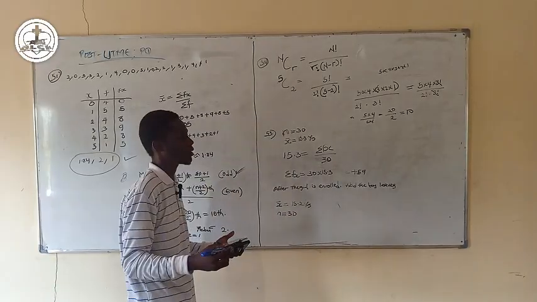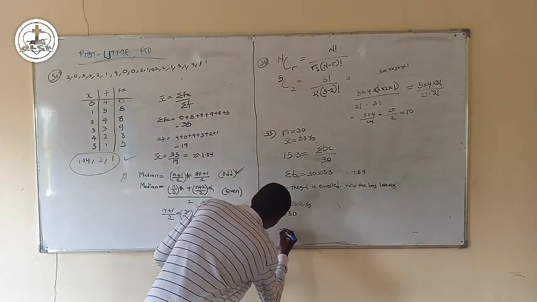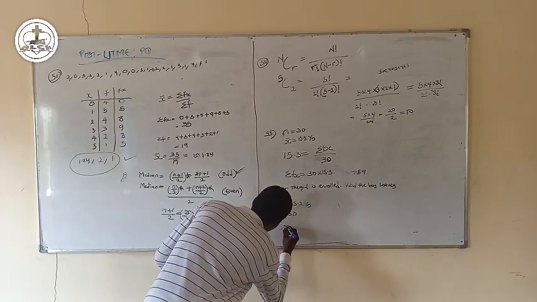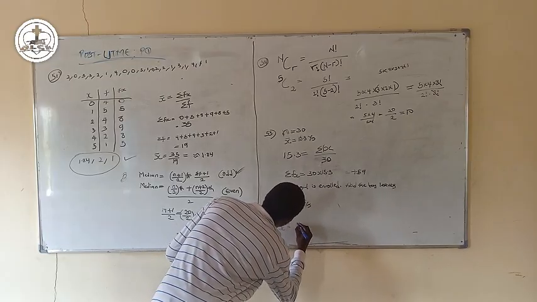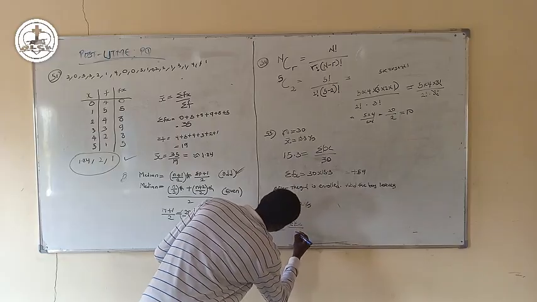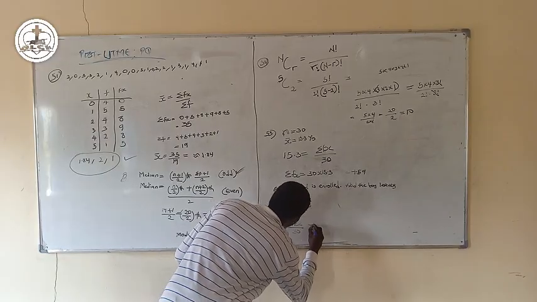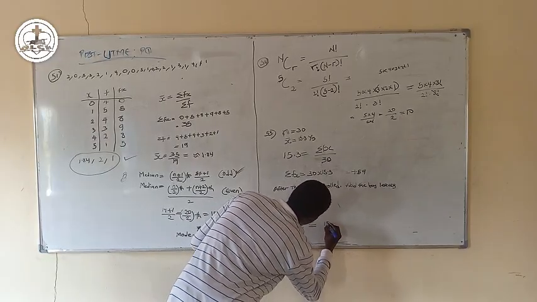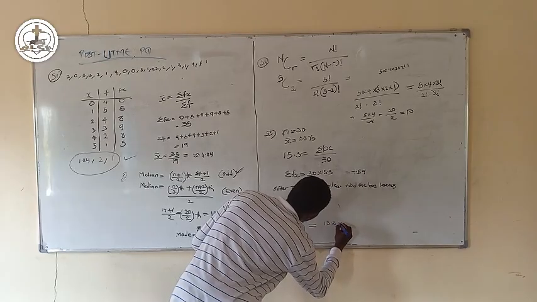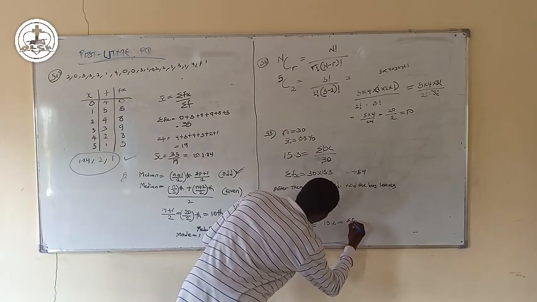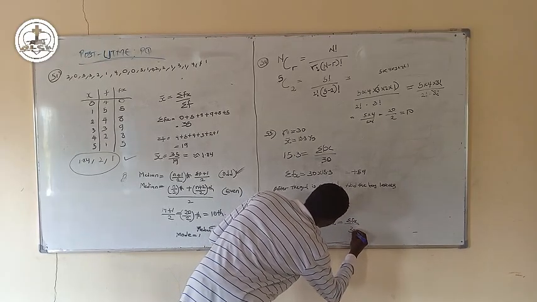Then what is the total sum of ages? Let's find that out. We don't know the value for summation fx, but we know the total number of students is 30, and the mean 15.2 is equal to summation fx over 30.